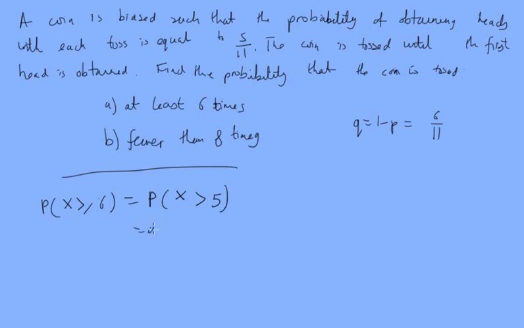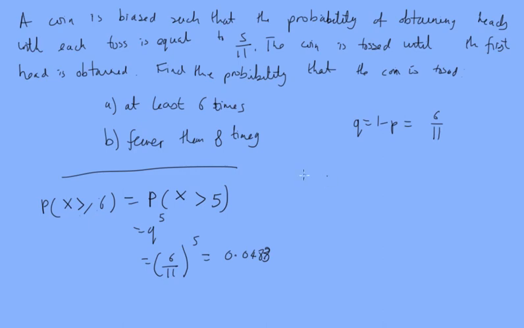So that's q to the power 5, which is 6/11 to the power 5, and that is 0.0483.